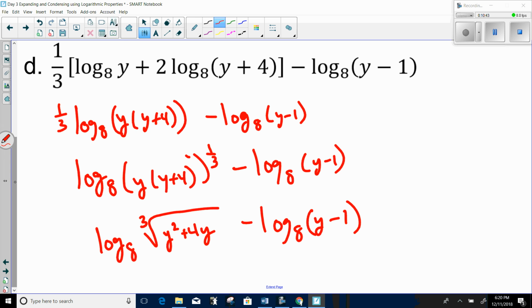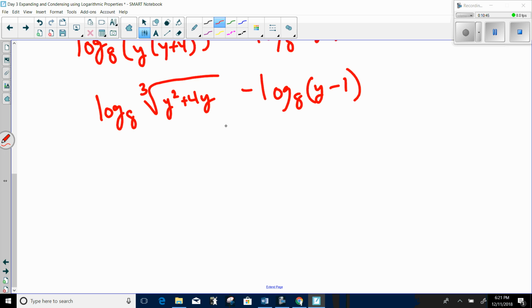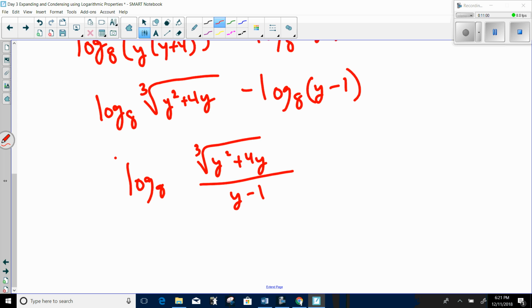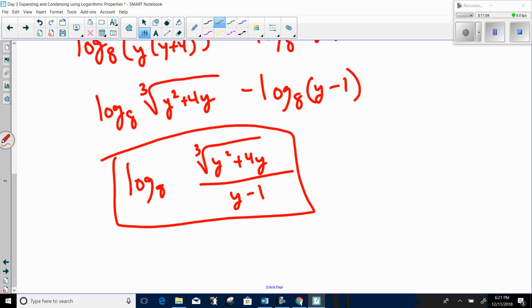Now we have subtraction, so we can put these two together: log base 8 of the cube root of y squared plus 4y, divided by y minus 1. And this is the simplified, or condensed, version of that original logarithm.